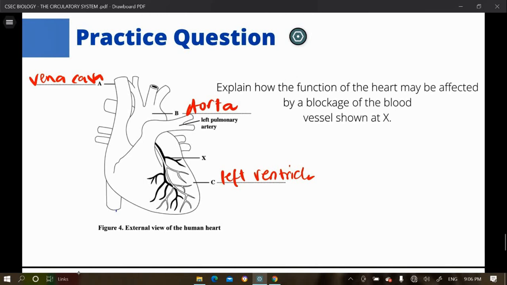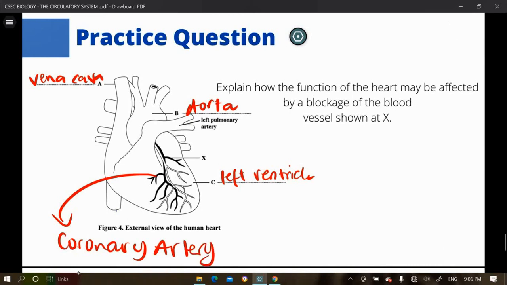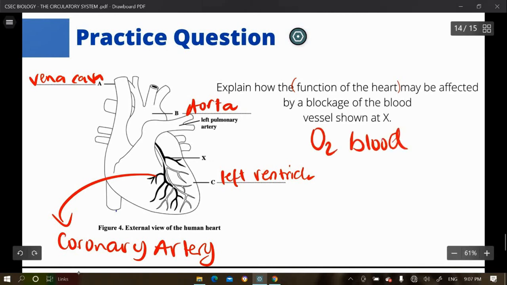Now it says, explain how the function of the heart may be affected by a blockage of the blood vessel labeled X. The blood vessel labeled X is the coronary artery, and this takes blood to the heart muscles. If this blood vessel is blocked, oxygenated blood will not get to the heart muscles.